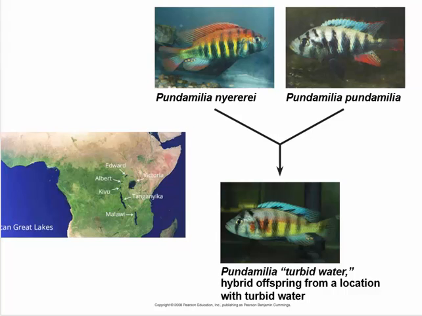And so what we're actually seeing now because of this is a lot of hybridization between different species because of this inability to distinguish those different males. And so this is an example of fusion.